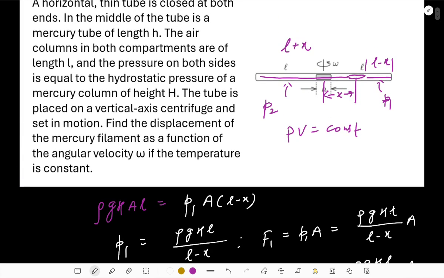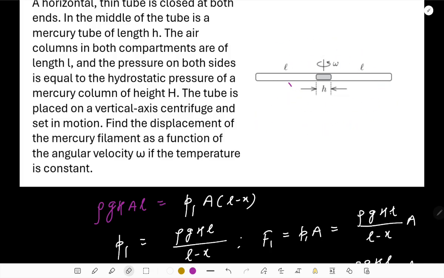So we have a kind of free body diagram that can be written here. I want to draw first the mercury column. This is something like that. Its length is L, and force F1 is acting from this side and F2 acting from this side. These are the pressure forces.